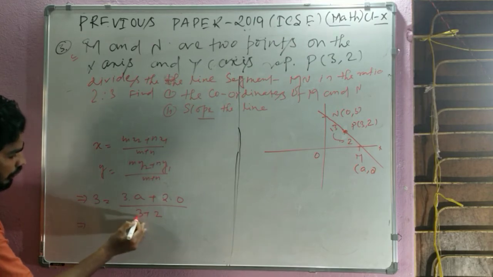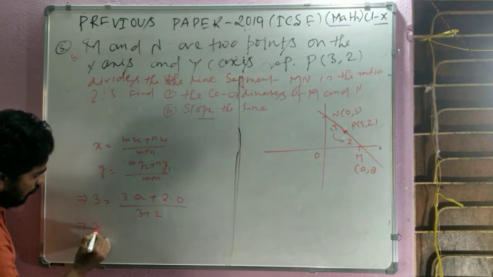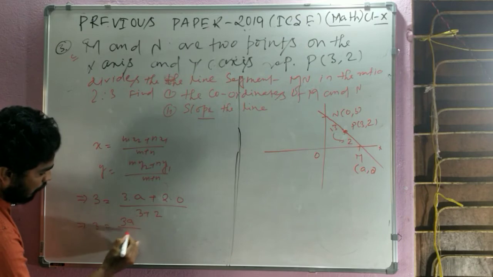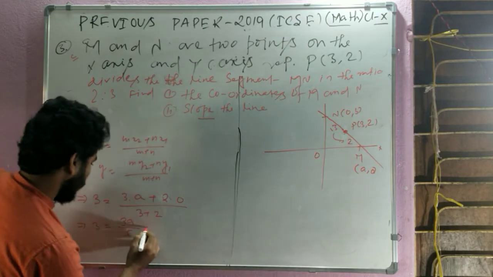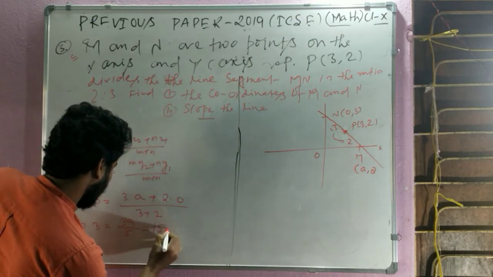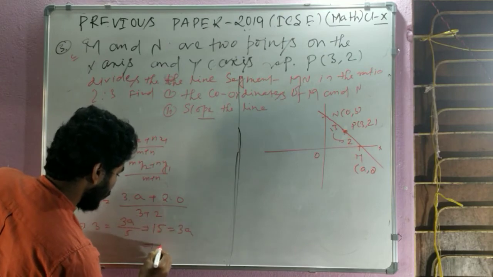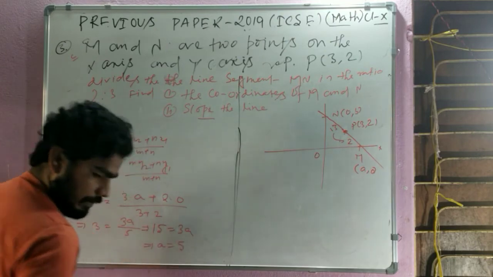So 3 equals 3a by 5, so 15 equals 3a. That means a equals 5.